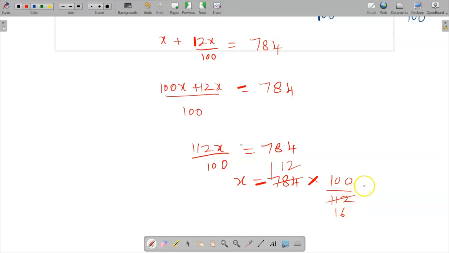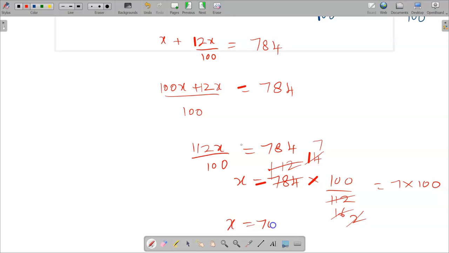Then coming to the 8 tables, 8 twos are 16, 8 ones are 8, balance is 3, it becomes 32, 8 fours are 32. Coming to the 2 table, 7 twos are 14. So in the denominator I have just 1, and in the numerator I have 7 into 100, which is going to be 700.